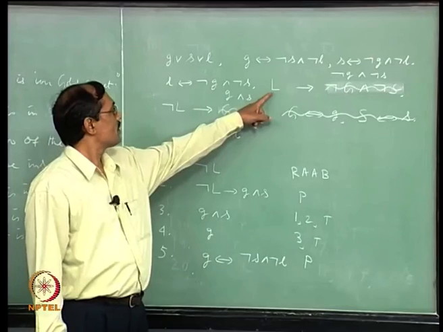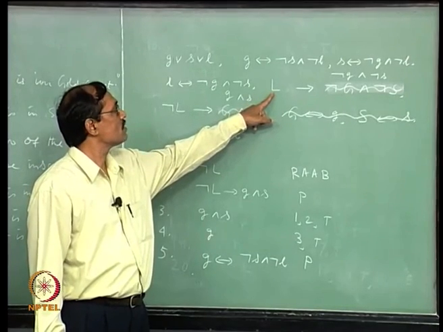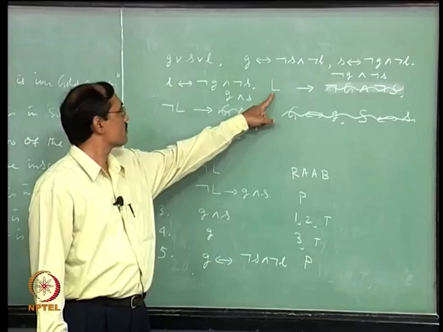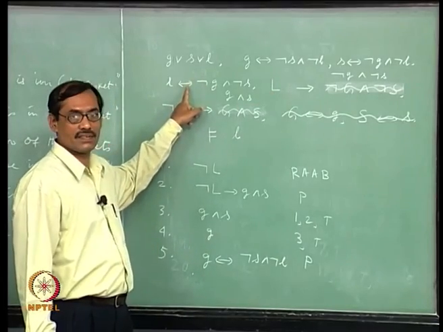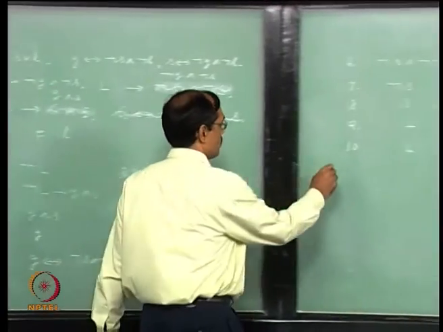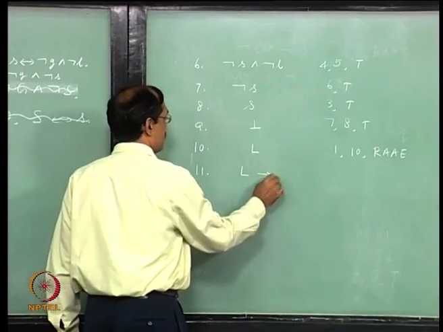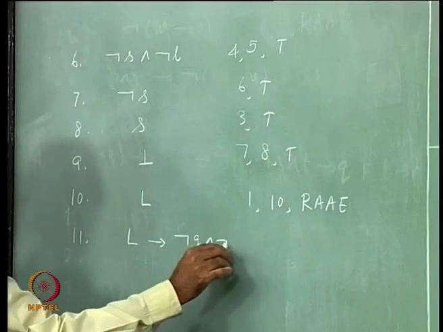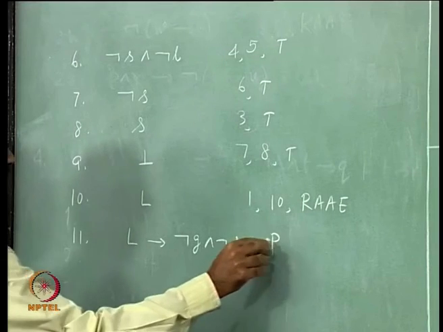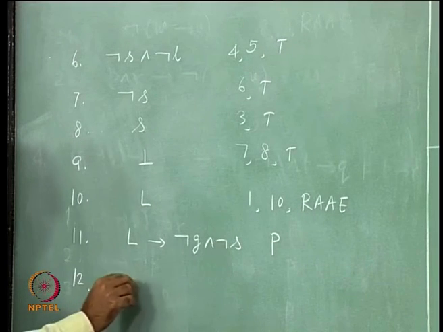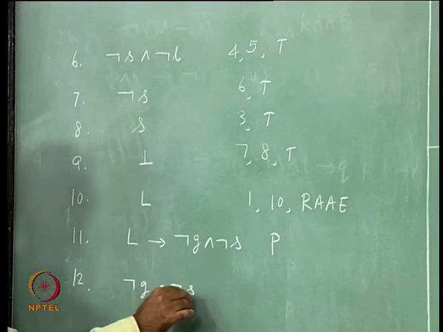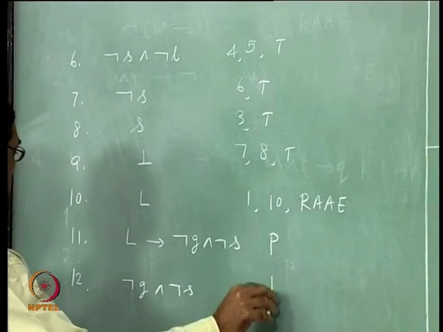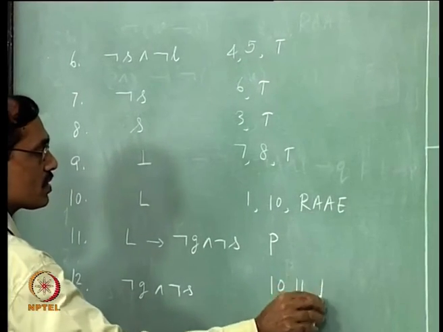Next, L implies this, so that is not G and not S. Then it should give this, right. So, 11 L implies not G and not S, that is a premise. 12 not G and not S from 10 11 modus ponens.